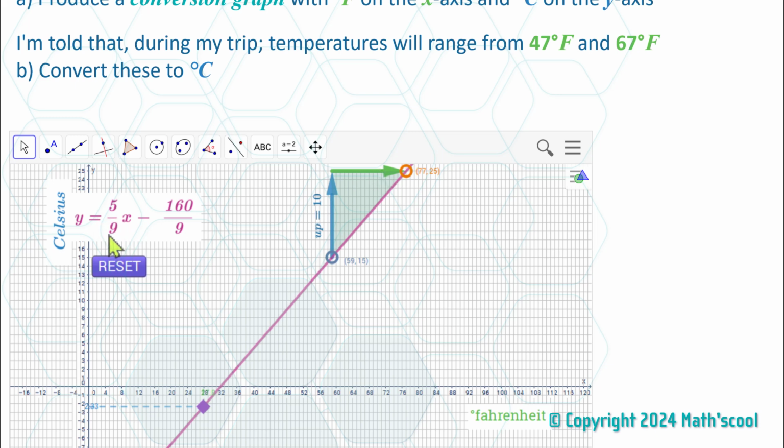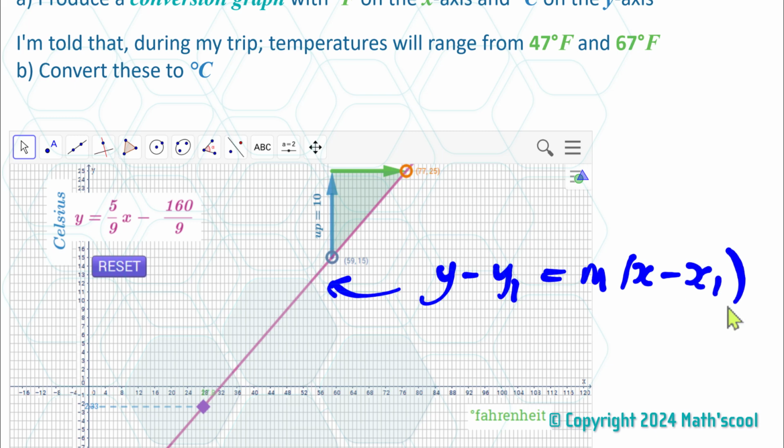And so the equation of this line, the way we do this is we do y minus y1 equals m(x minus x1). And we pick a point. So we pick any point on the graph that we like. So maybe you prefer this point, 77 and 25.